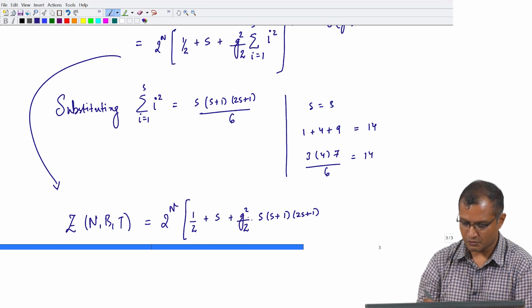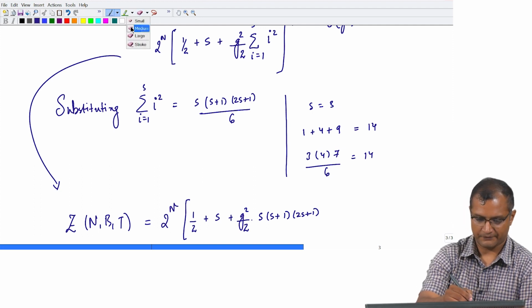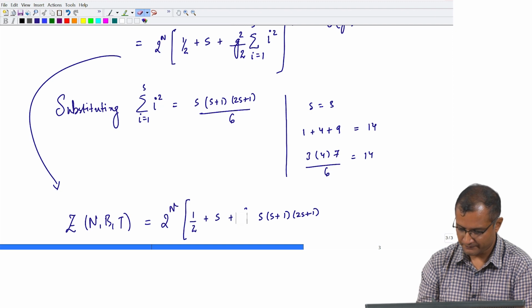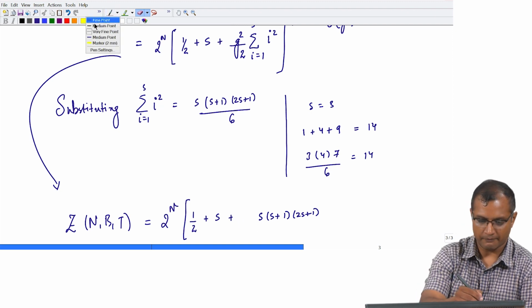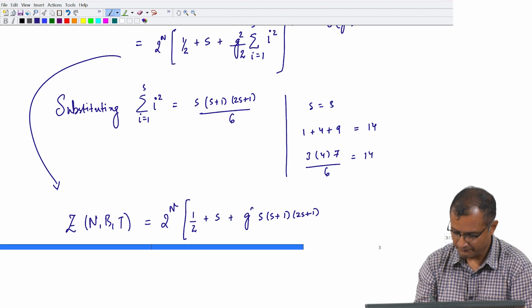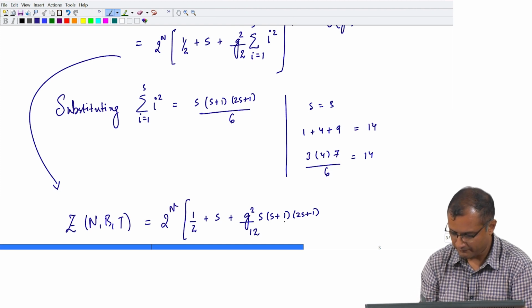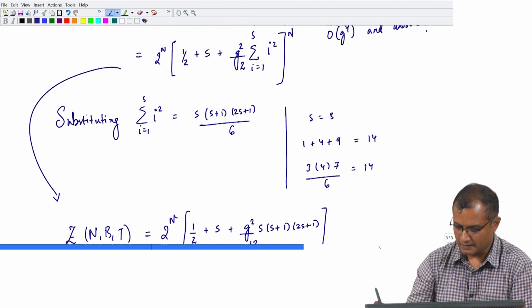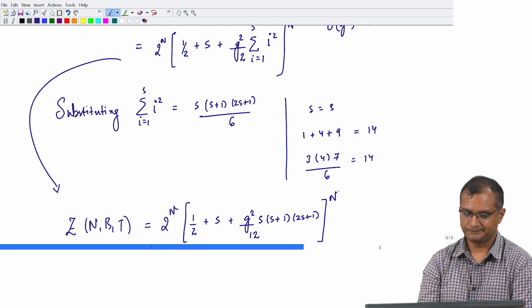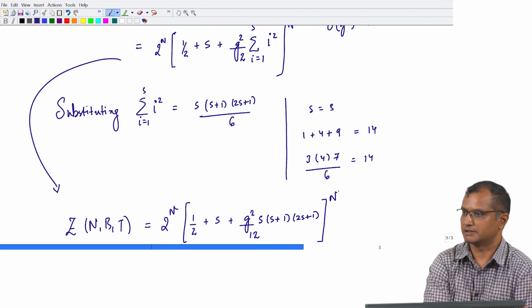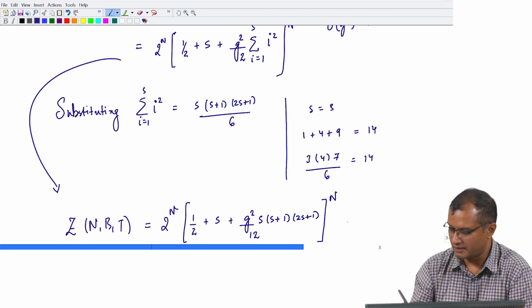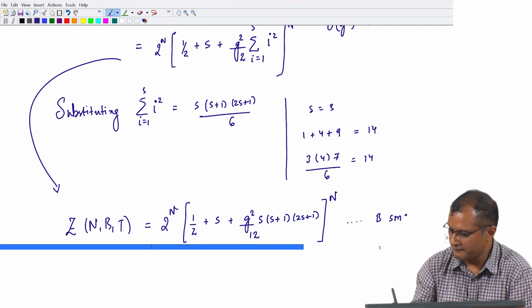So 6 into 2 is 12, so this is g square by 12, fine, entire thing raised to the power n. And this is the partition function in the small field.